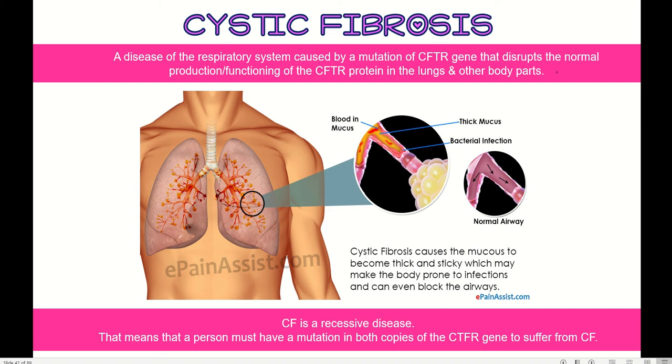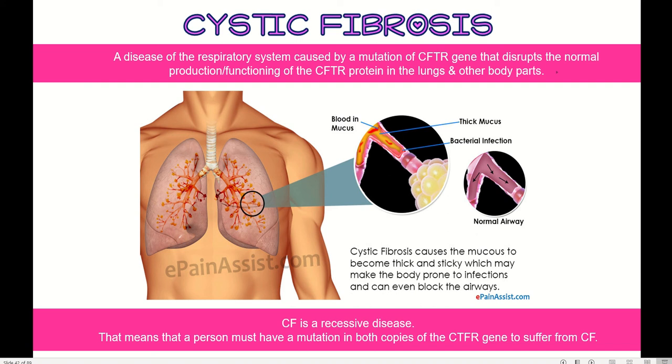Now, cystic fibrosis is a recessive disease. It means that a person must inherit two copies of the mutated gene to suffer from CF, meaning the person must receive one mutated allele from the father and one mutated allele from the mother to manifest cystic fibrosis.